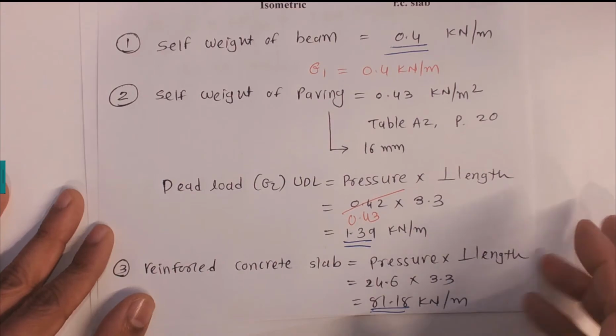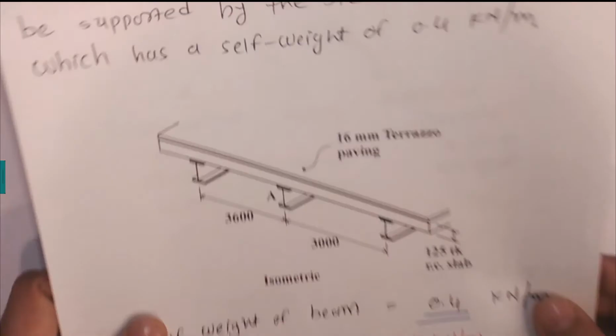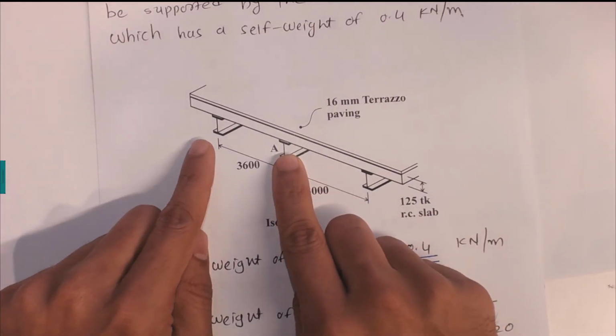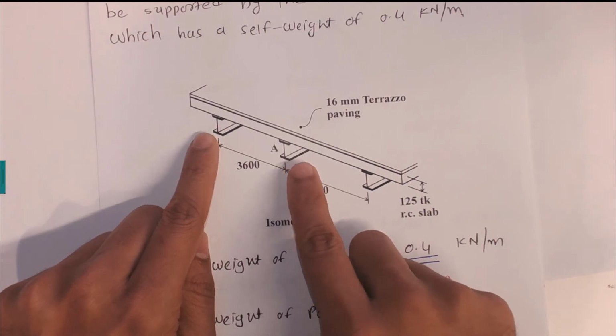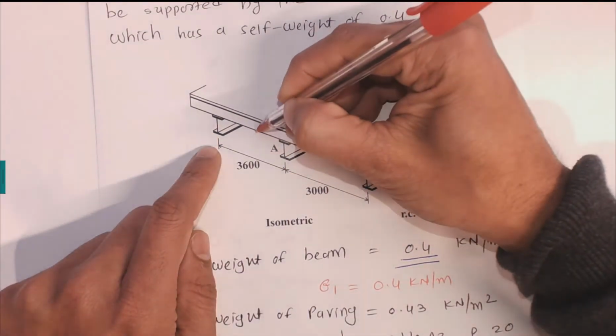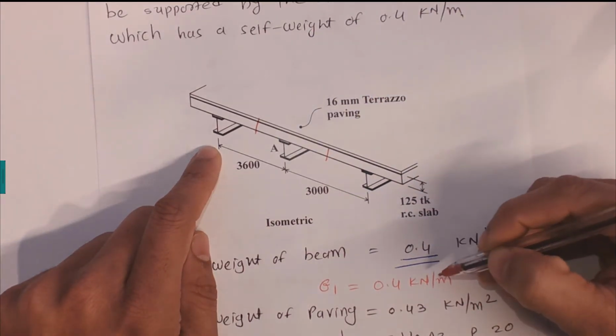Now the concept to get the 3.3 length. These steel beams share the load, and this is an internal steel beam. So only half of this side and half of this side would be carried by the middle steel beam.